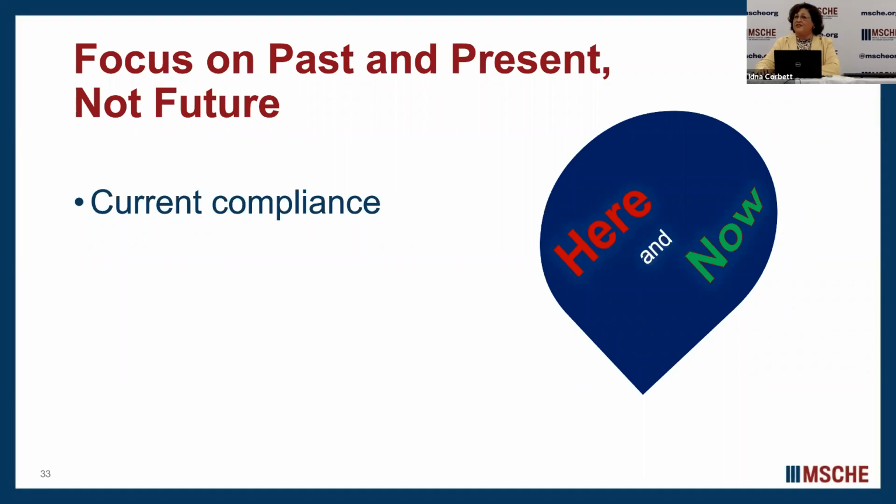The other thing is focus on past and present, but not on the future. So what I say often to institutions is use past, present perfect. Think of the tense of the verb that you're going to use. You want to use past tense, you want to use present perfect, you want to use the present.